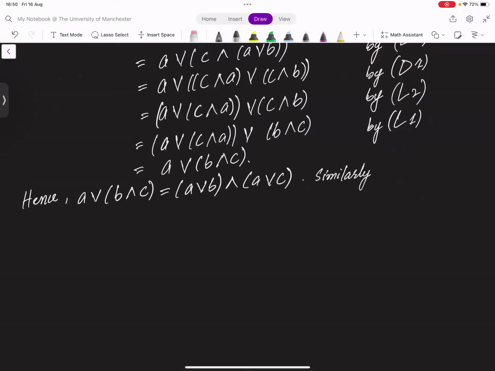Similarly, we can go from D2. So D2 implies D1.